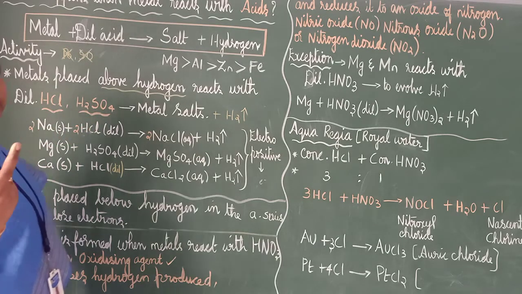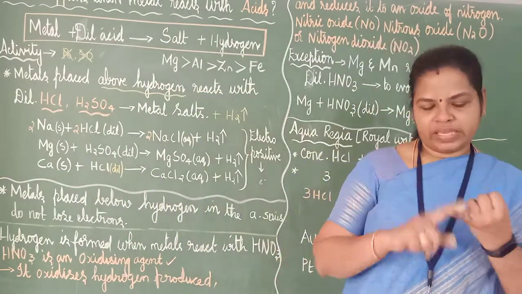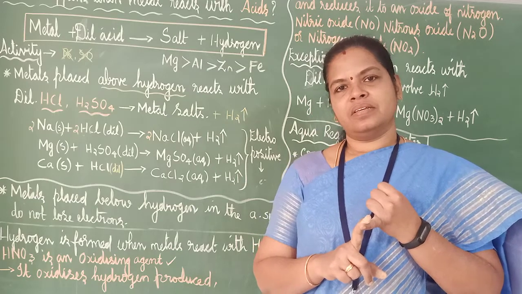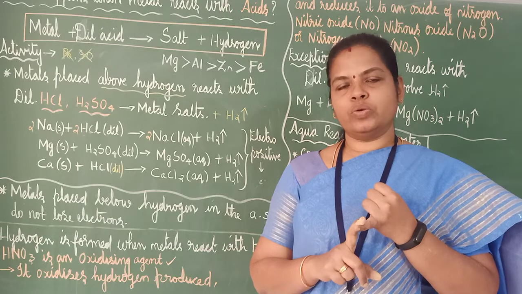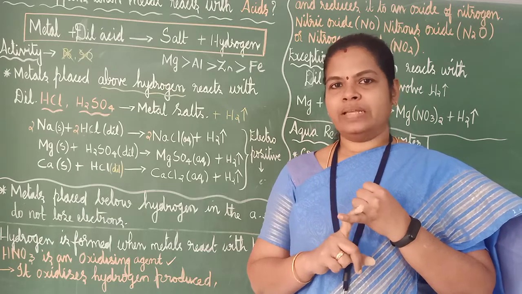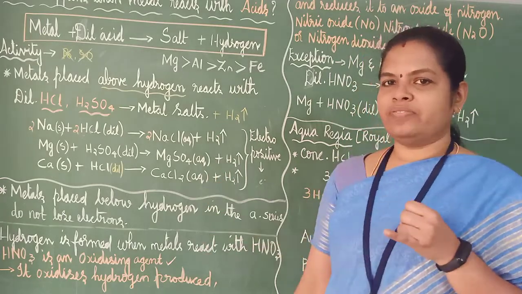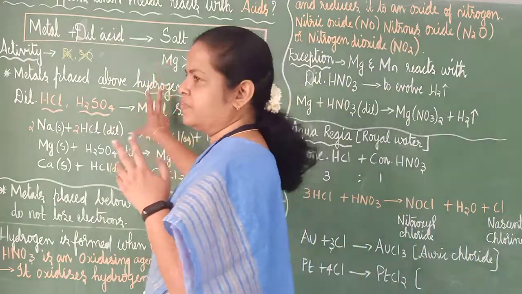You have studied 3 mineral acids, no? What are those? HCl, hydrochloric acid. Why are they called mineral acids? Organic acids we used to get from plants or animals. But these you will get from minerals. So they are called mineral acids. So this is the first part.